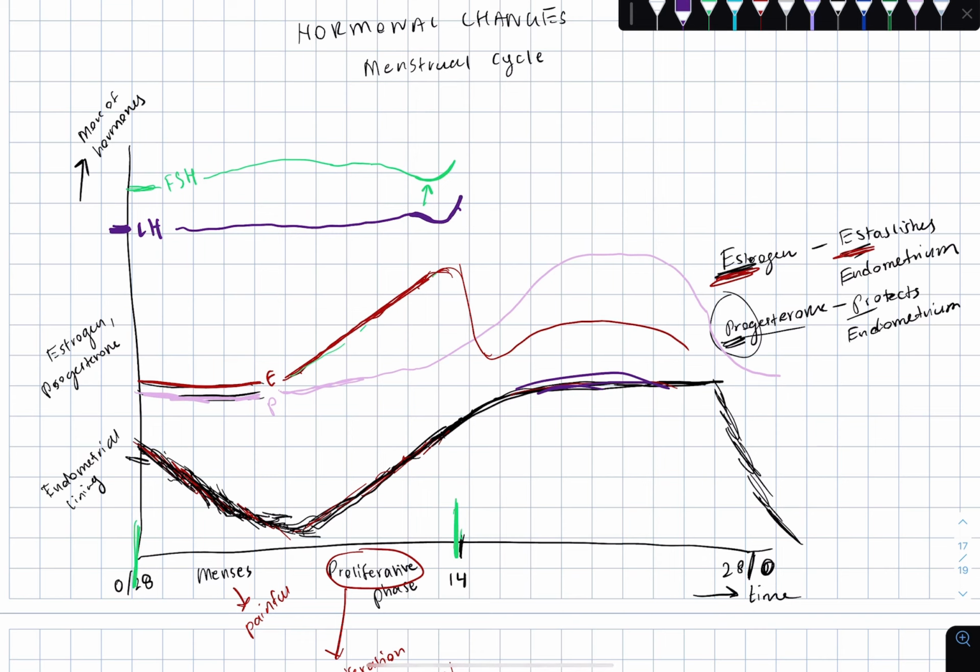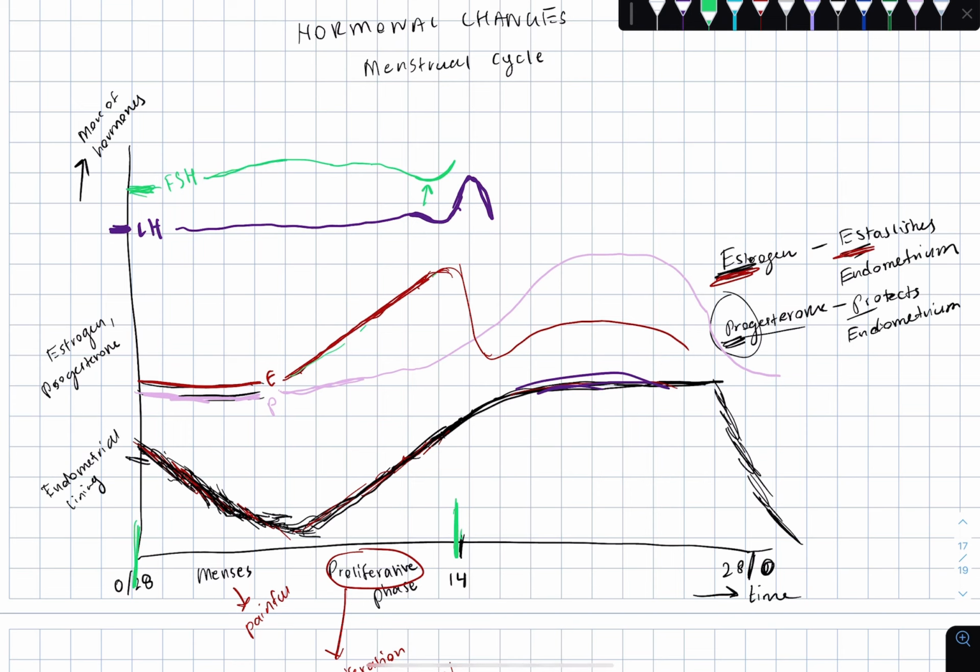So we're going to start to see a little increase in luteinizing hormone right before we see that increase in progesterone, because luteinizing hormone is allowing for the formation of the corpus luteum, which, like I said before, allows for the secretion of progesterone. So let's go over that again so we don't get confused.